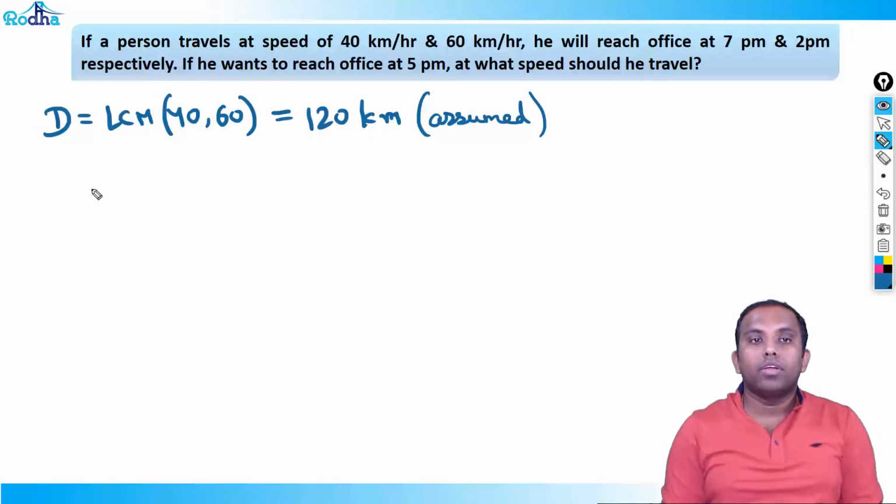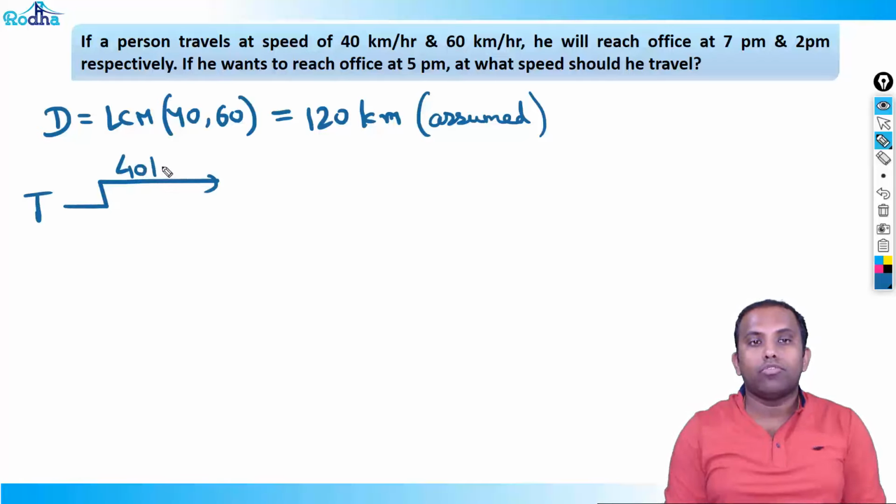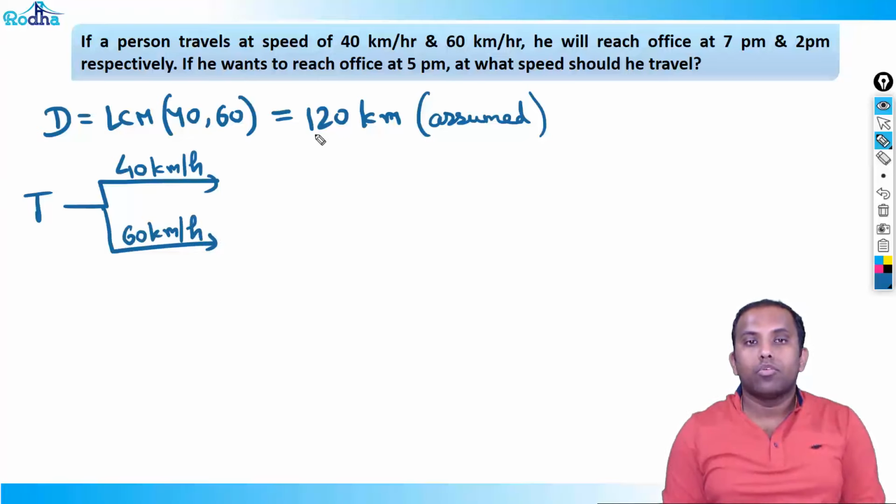Now, the time taken at the speed of 40 km per hour and at the speed of 60 km per hour is how much? 120 by 40 is 3 hours, and the time taken at 60 km per hour is 120 by 60, 2 hours.